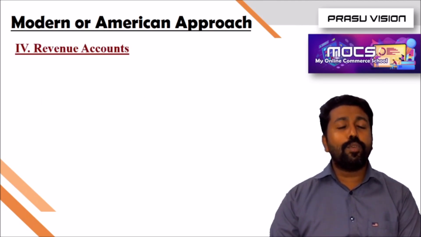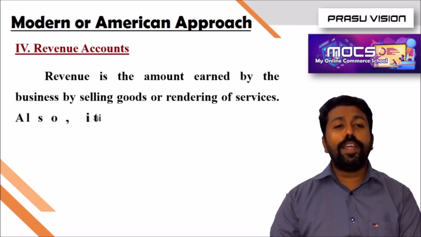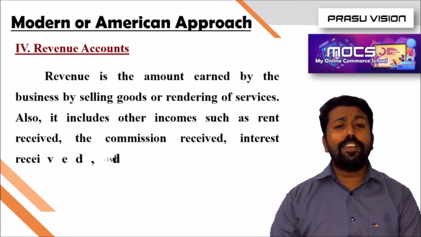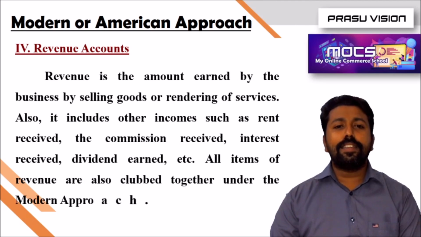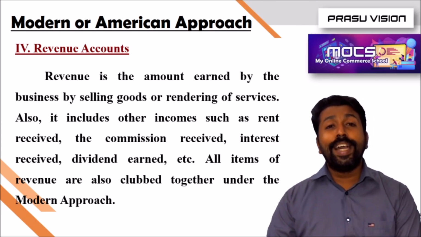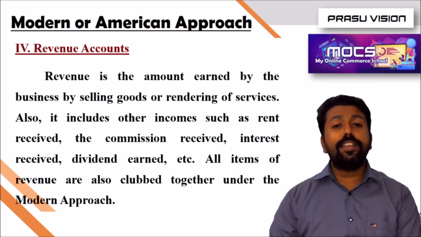You know very well, revenue indicates the total amount of money earned by the organization through different activities, including sales. And revenue is the amount earned by the business by selling goods or rendering services. So remember a lot of examples: income received, sales, and sales can be classified into two: credit sales and cash sales, and interest received, dividend received.